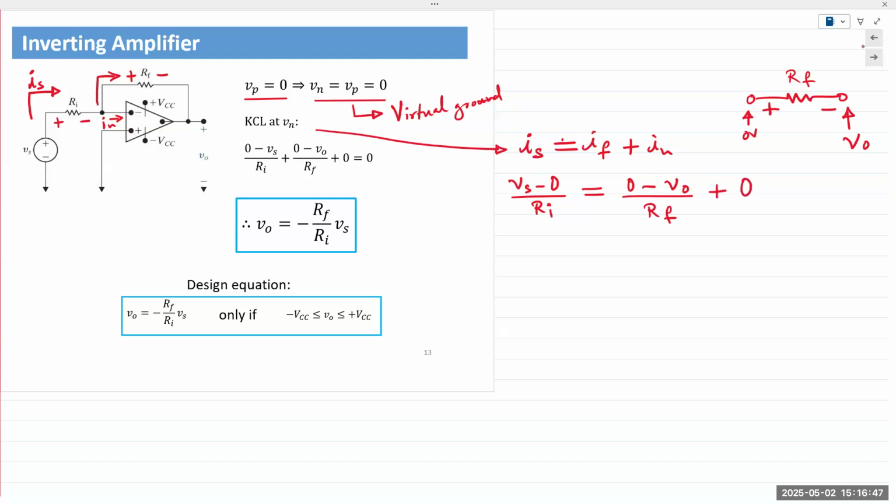So IN is 0. And then it's the same equation as this one.